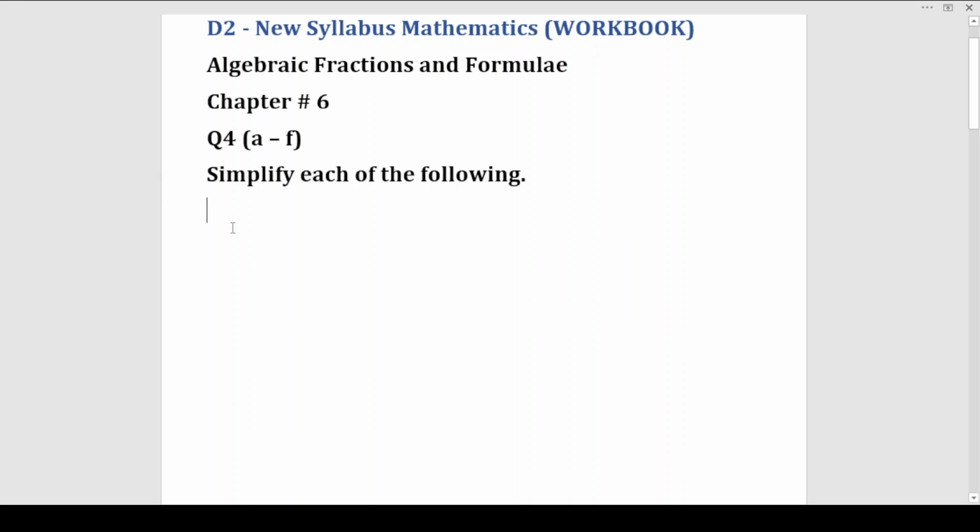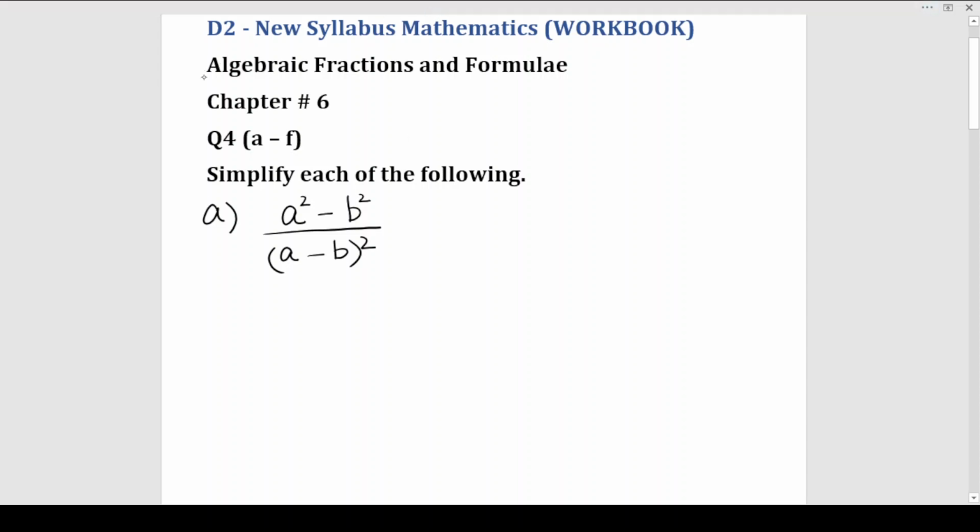The given question, part A, is a square minus b square divided by (a minus b) whole square. So in this question, what to do?